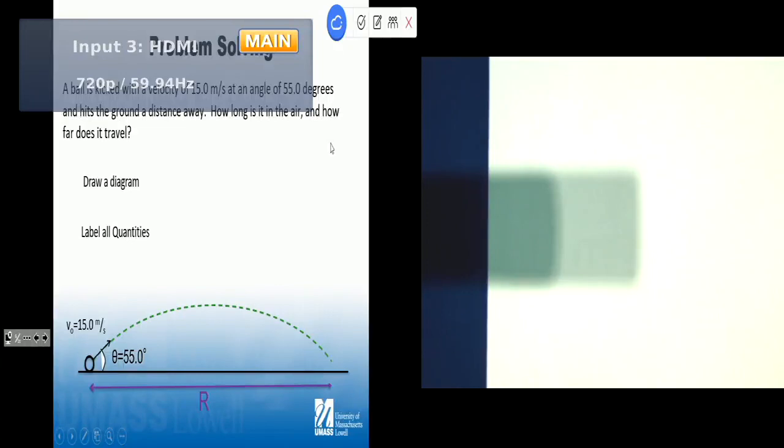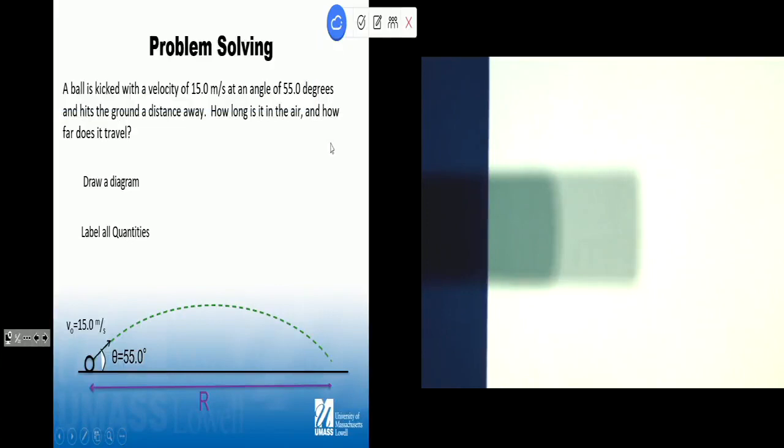Okay, so over here, all I'm going to do is set it up, right? You have a ball kicked with a certain initial velocity, and that initial velocity is making an angle to the x-axis of 55 degrees, right? And you're asked to draw a diagram, label all quantities, find how long it's in the air, and how far does it travel, right? I'm not going to do the whole problem, but let's set up the whole thing.